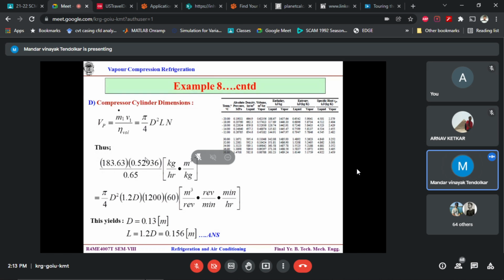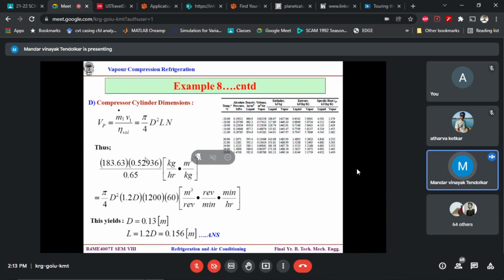What is your unit for the m dot? kg per hour. So multiply by 60, kg per second then divide by 60. Fine. Is the calculation correct? Yes, sir.